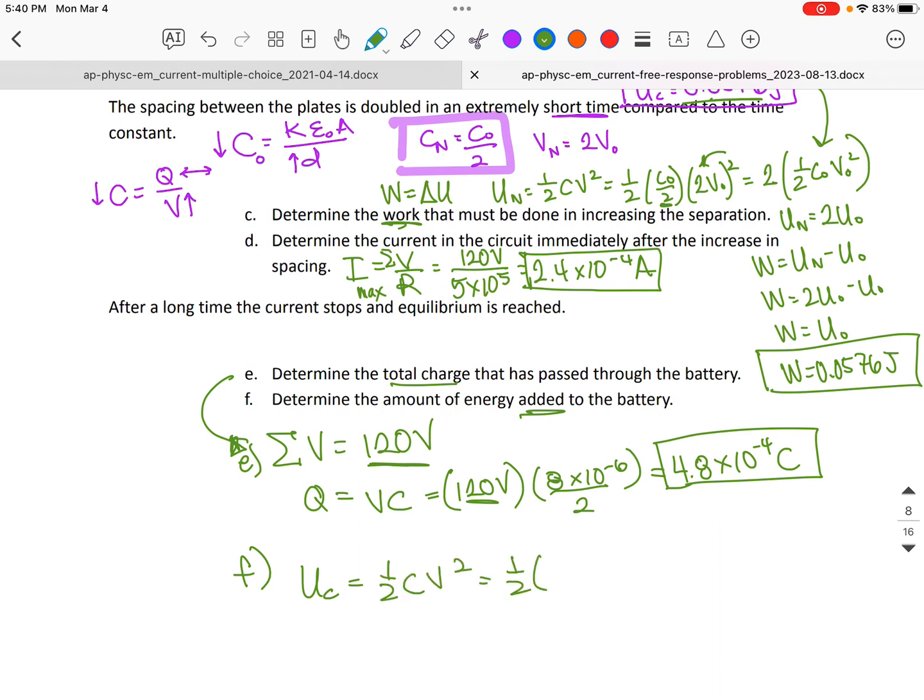The capacitance, again, is going to be half of the original capacitor. So that's going to be 4 times 10 to the negative 6. And then the voltage is going to be the net voltage, which is the 120 that's going counterclockwise through the battery squared. And then this leaves us with 0.0288 joules.